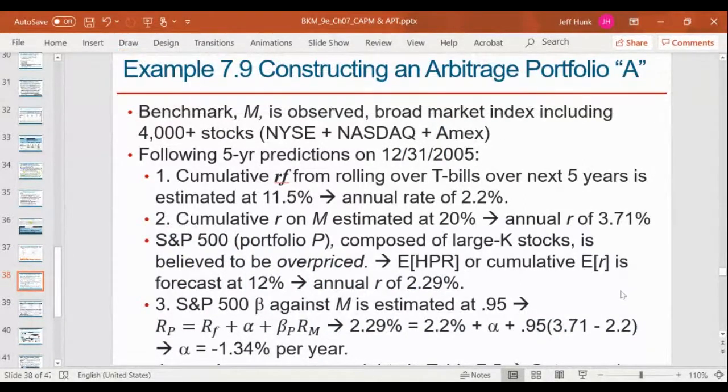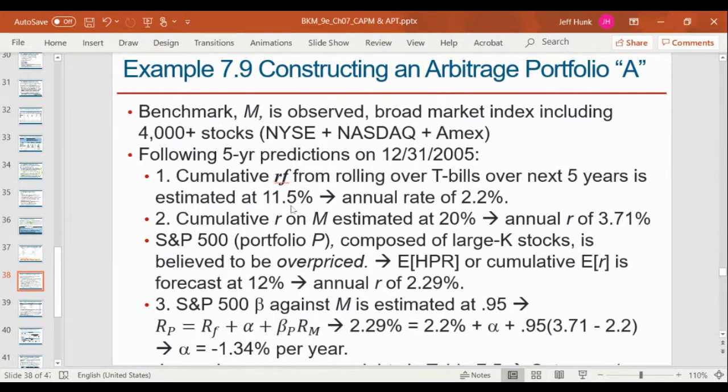So this brings us, finally, to this example. The benchmark, we already talked about this. Following 5-year predictions, on December 31st, 2005. So we're at the end of 2005. The 5-year forecast will start from January 1st of 2006 all the way to December 31st of 2010, right?